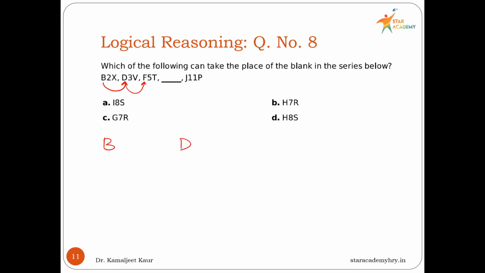B and D, in between there is a single letter C. That means B plus 1 is D. Then let's check, it is again the same. We have just skipped E. That means D plus 1 we get F. So here also we will have the letter which is 1 above this. F, G is skipped and we will have H here. So the first letter we have found.